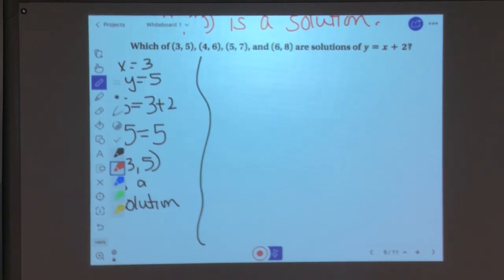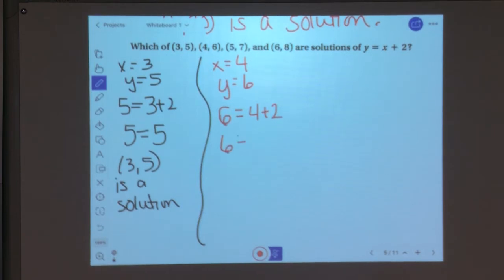The next ordered pair they asked me to check is 4, 6. So I'm going to plug in the 4 for x and the 6 for y. Remember, ordered pairs again are x, comma, y. So this time we end up with the equation 6 equals 4 plus 2. If I solve that, I end up with 6 equals 6, which is a true statement.